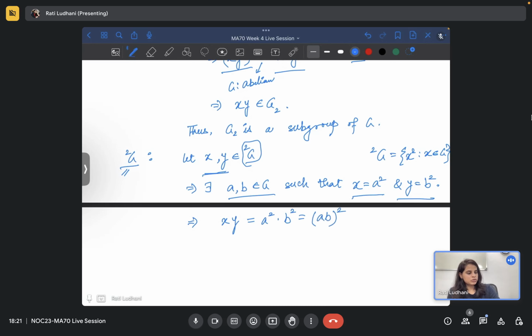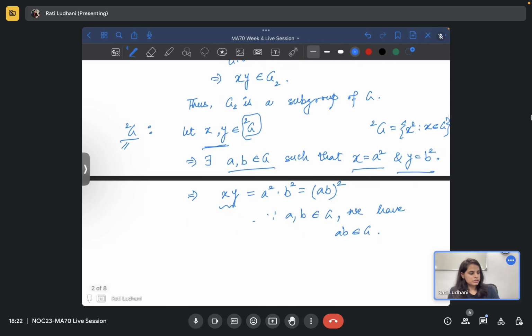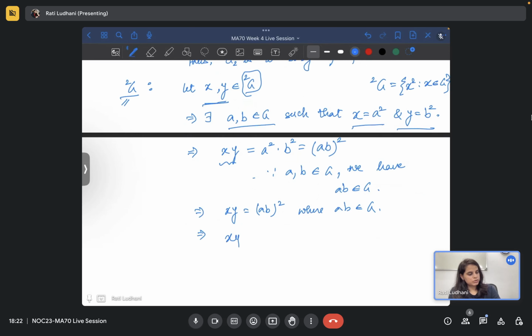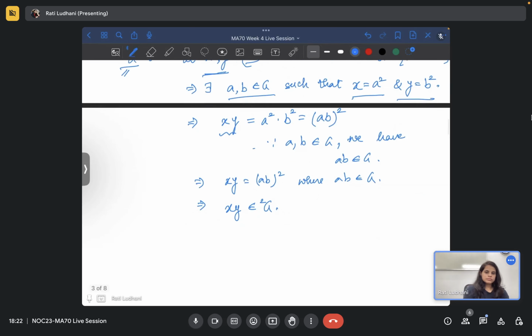Since a, b belong to G, because G is a group, the product will be there, so we don't need to worry here. So this implies xy is equal to (ab) square, where ab belongs to G, and this means xy belongs to 2G, right? Thus, since x, y are arbitrary elements of 2G, this is true for every element. So this is a subgroup of G.